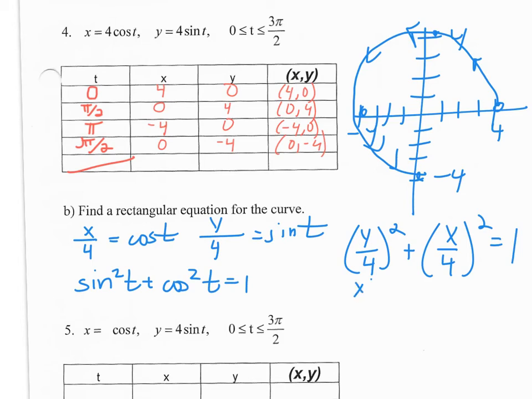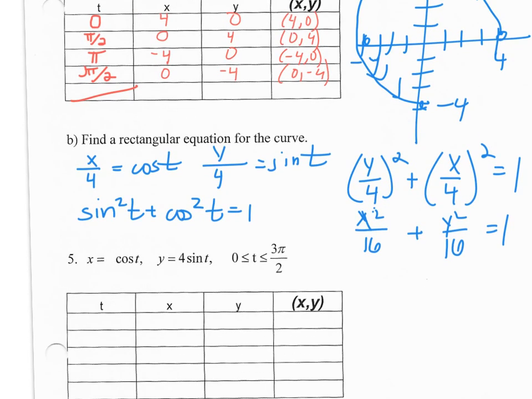Whoops, that was supposed to be an x. x²/16 + y²/16 = 1. Then one more step, let's multiply everything by 16. I get x² + y² = 16. Well, that should make perfect sense, right? Because it's a circle with center (0, 0) and radius of 4.